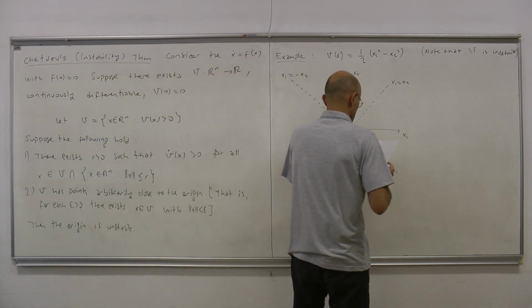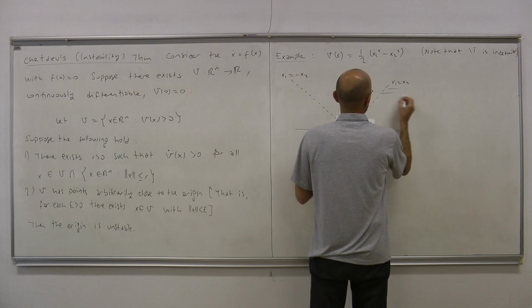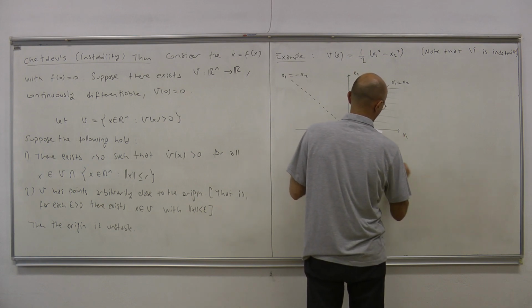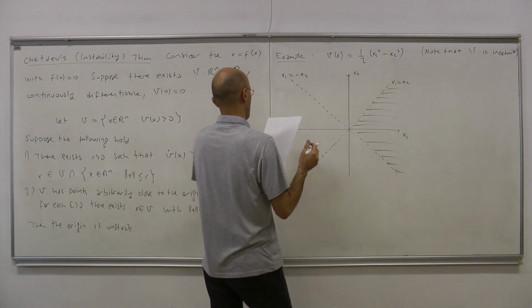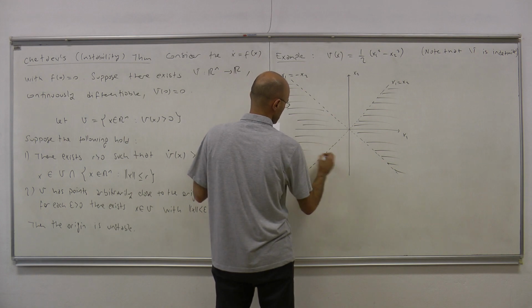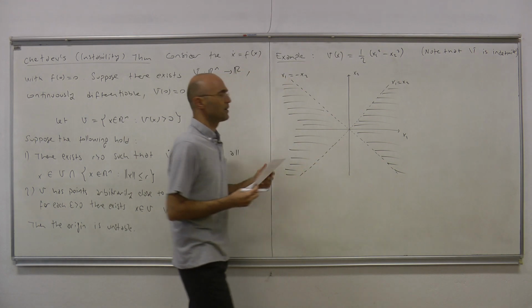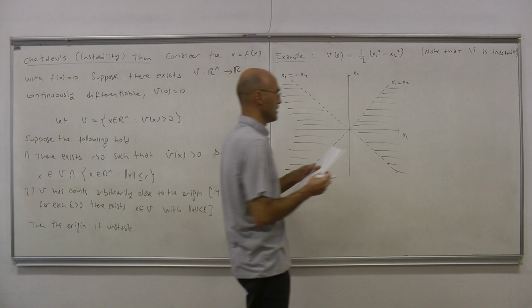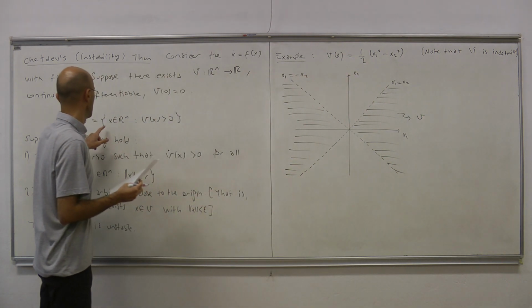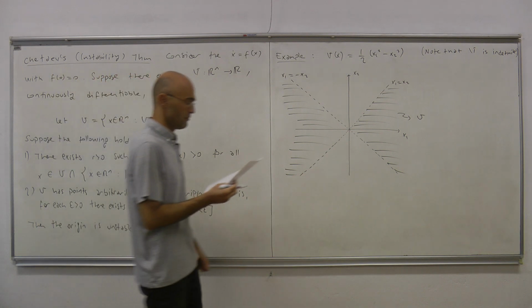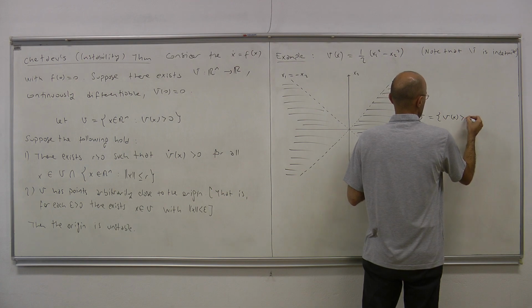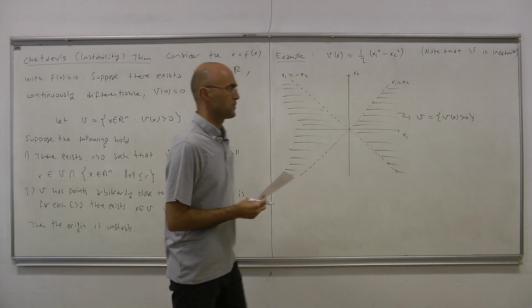So here, what we're interested in is where V is positive, and here, where V is positive. Therefore, this is what we're calling U, the set of points where V of x is positive.